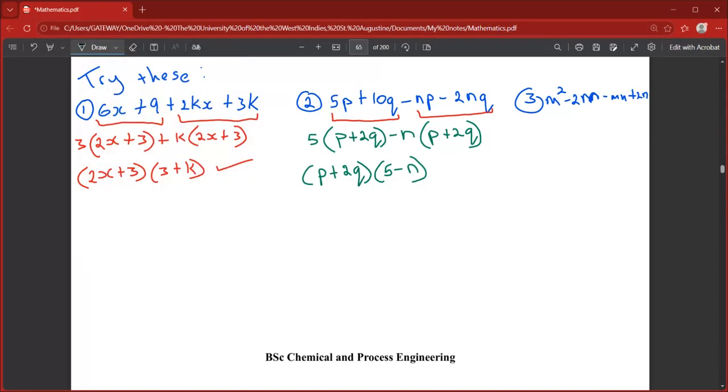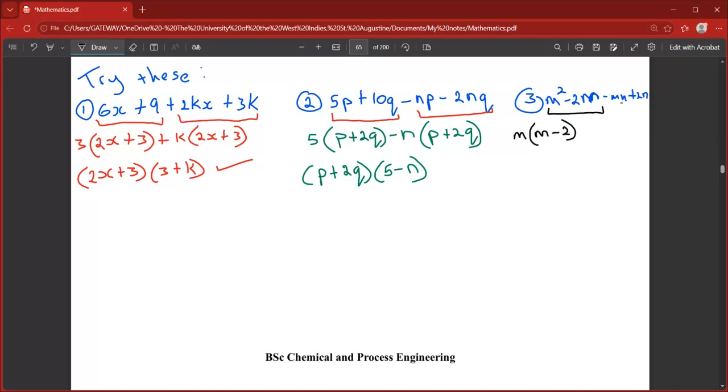The last one here, you have m squared minus 2m minus mn plus 2n. Between m squared and negative 2m, you're taking out m, open bracket: m squared divided by m is just m, negative 2m divided by m is negative 2, close bracket.